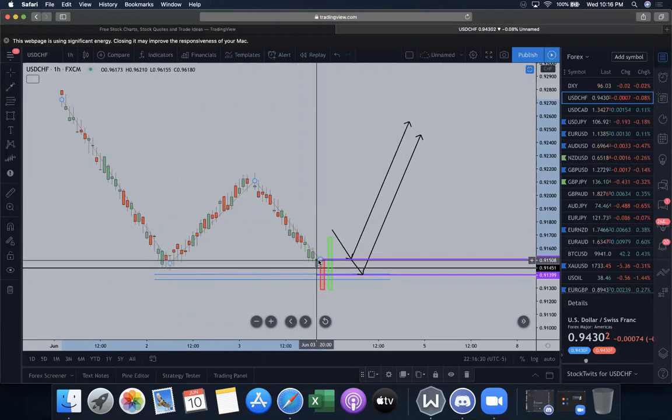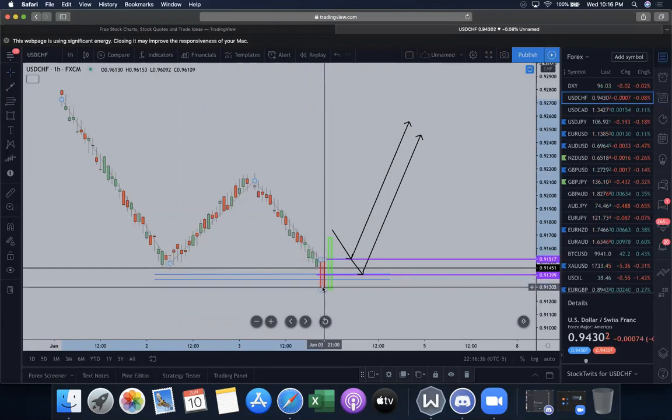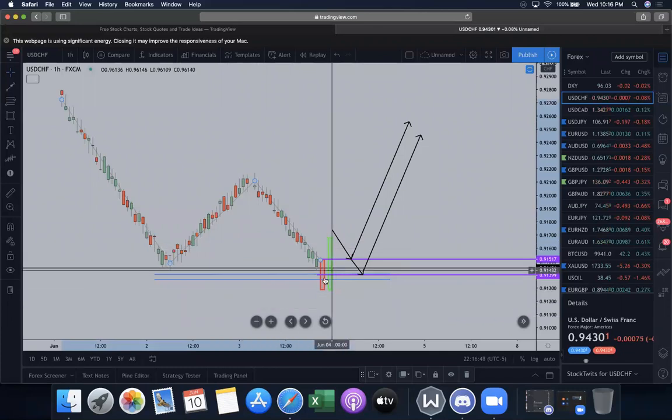Maybe at London open, we see a down move to the lows. We wait, because just because there's a down move to the lows doesn't mean it's a valid setup. We still need that bullish engulfing right after. Yeah, so this is creating a new trend here, because this would set the low, higher high, higher low.